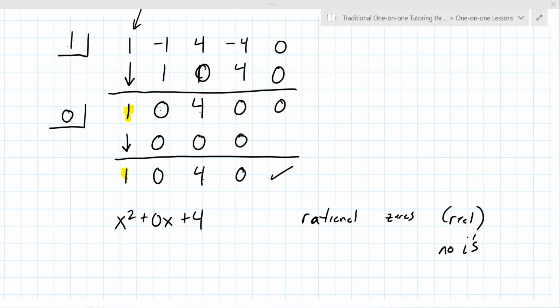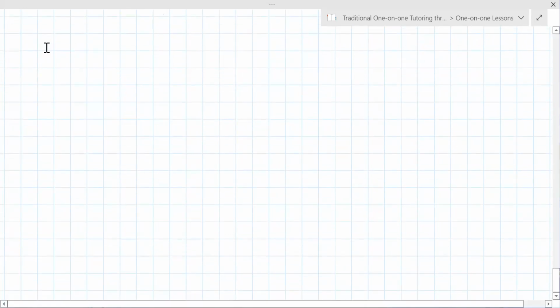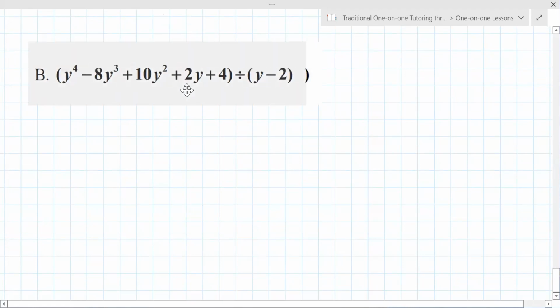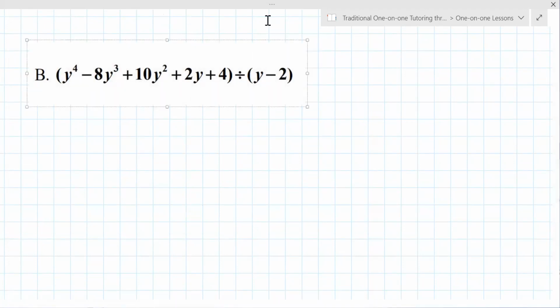Just reset here. I know this one isn't on your worksheet, but I'd like you to see one that is a true synthetic division problem.